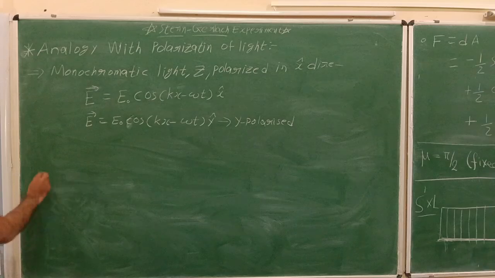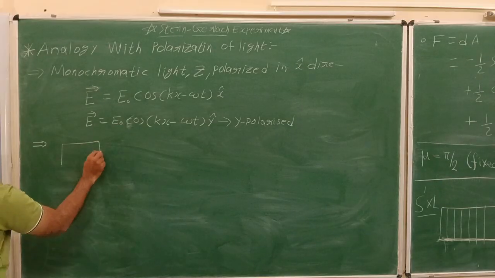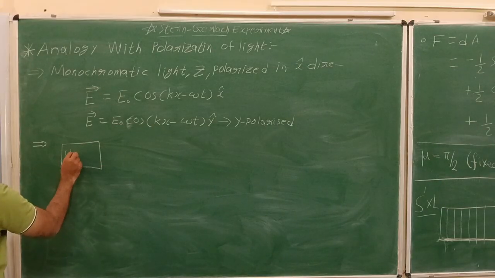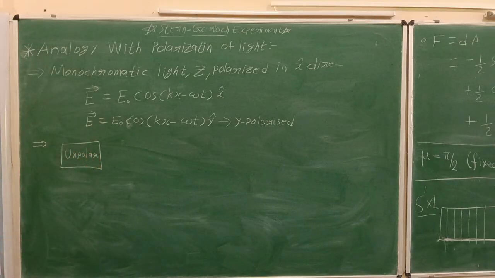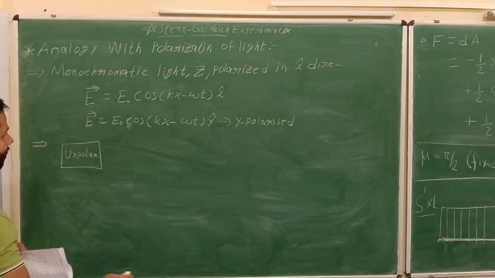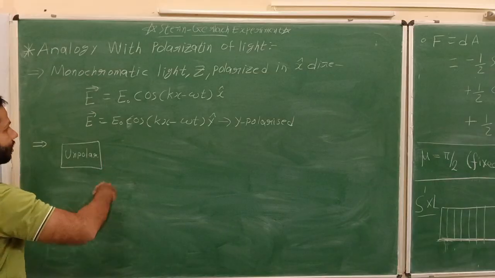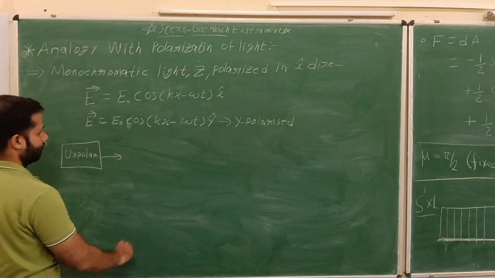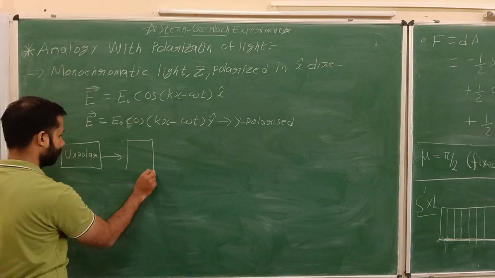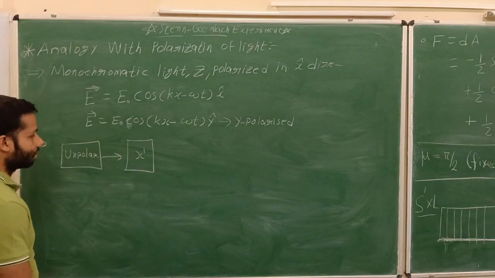So we can do one experiment. It's easily done. Suppose there is unpolarized light. It's not polarized in any particular direction, so light is coming out from all directions. The electric field component is oscillating in all directions, and it is then passed through a filter which is polarized in the x direction.